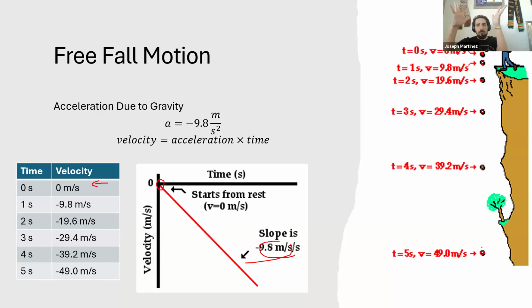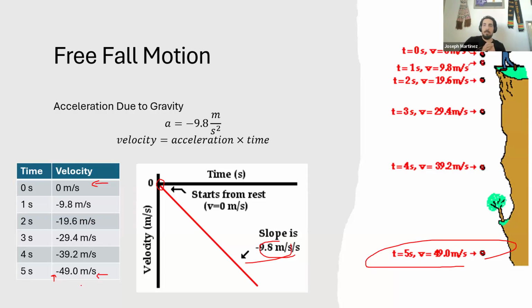That's because we've just released it and allowed it to start falling. It hasn't had time to start accelerating yet. And over time, we see the speed increases, and it would increase up to that same 49 meters per second. Negative sign means downwards. So we say it progresses to that negative 49 meters per second downwards in that fifth second.